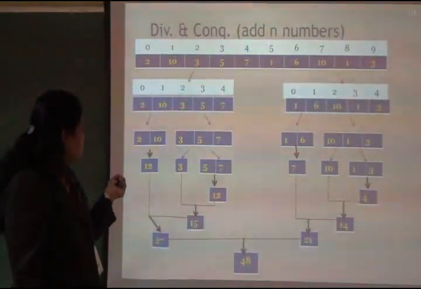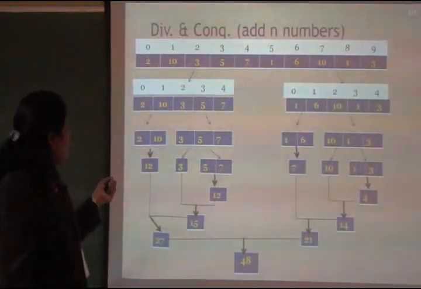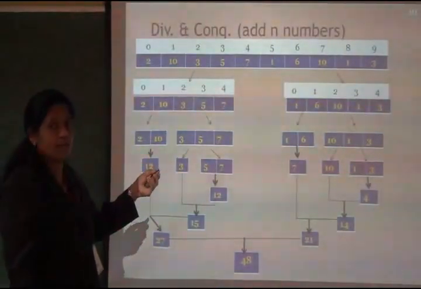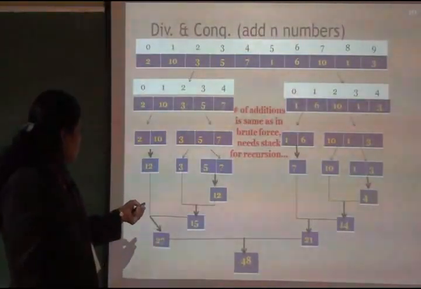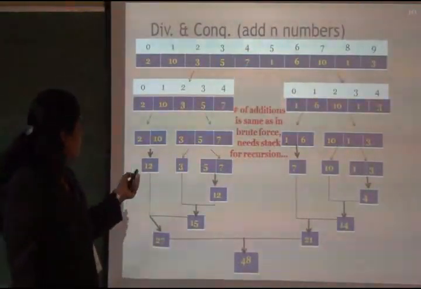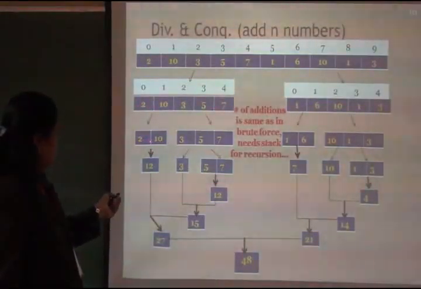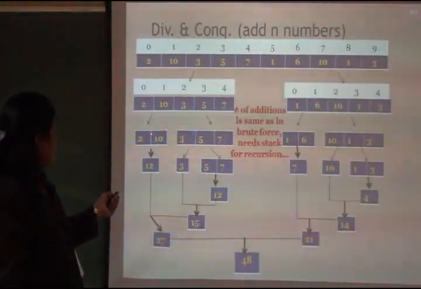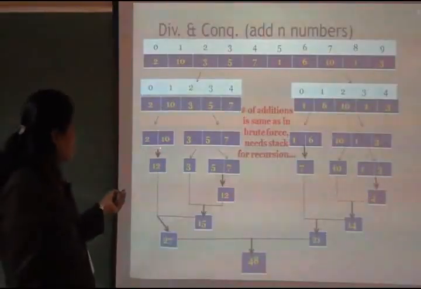The first array contains 2 elements and the second array contains 3 elements, and again these 3 elements can be divided into 2 subarrays. Look at this example here: 2, 10, 3, 5, 7. It is divided into 2 and 10, and 3, 5, 7 as another array. Here this is the smallest size, so this can be solved directly.